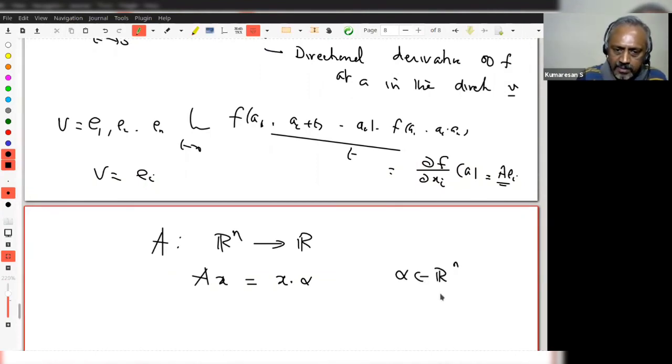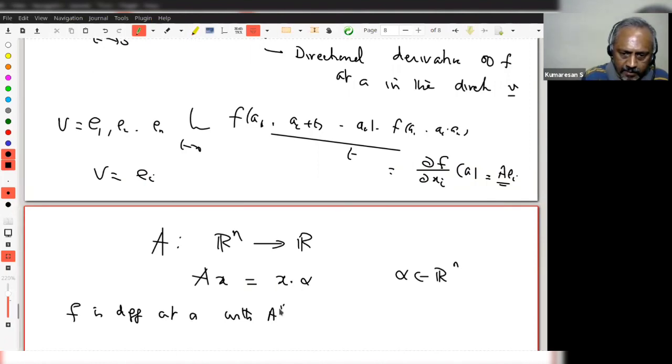Therefore, if f is differentiable at A with this linear map capital A, then A is determined the moment I know alpha. Do you understand this? Because I have to know what is A acting on x. The moment you tell me the corresponding vector alpha, then A acting on x is the same as x dot alpha. Therefore, knowing A is the same as knowing the vector alpha in Rn.